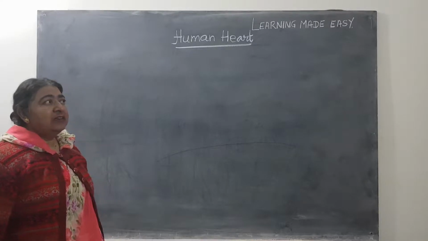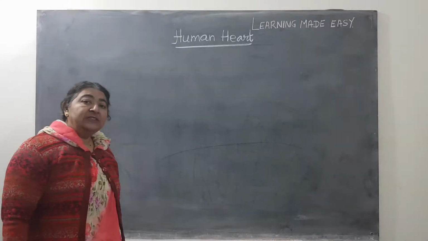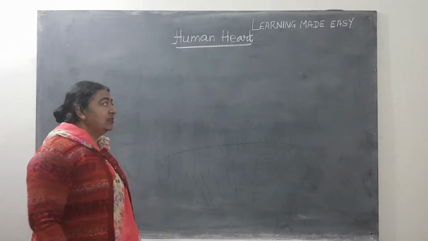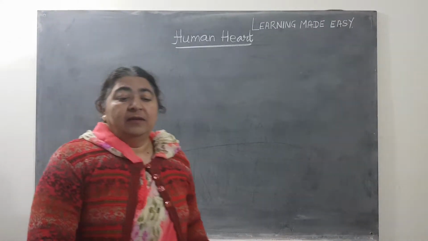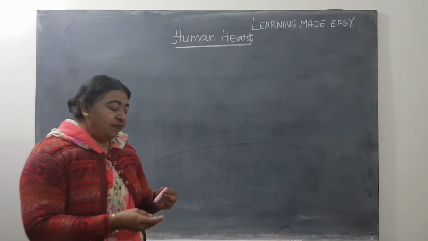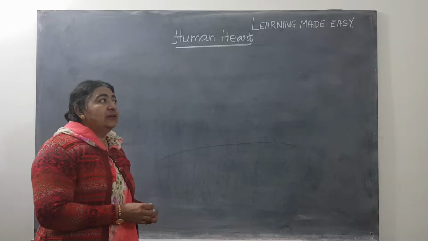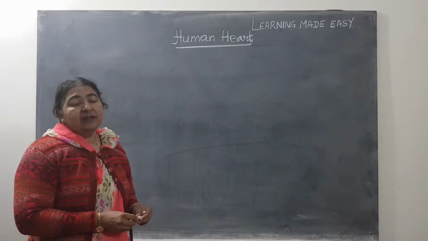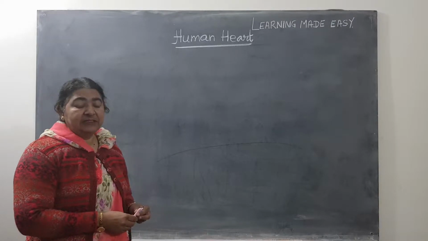The structure of the heart is a four-chambered structure which has two auricles and two ventricles. I will be using different colors to depict both sides of the heart, that is the left side and the right side.